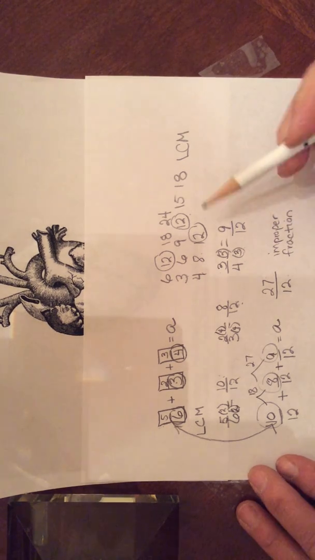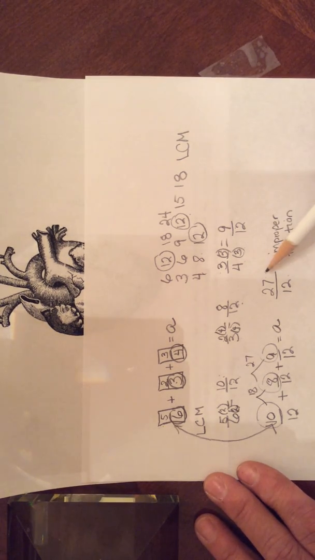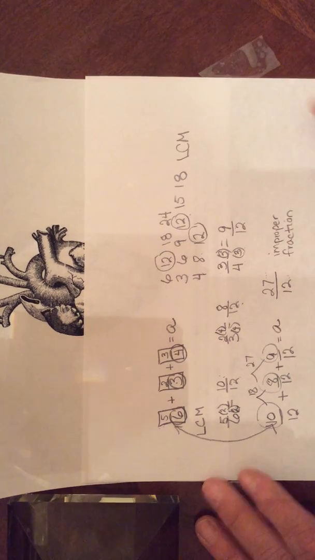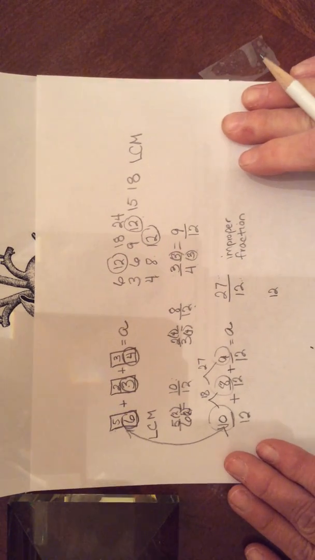An improper fraction means that the numerator is greater than the denominator, and that means that there are whole pieces that I can pull out of here. So I'm going to take 12, and I'm going to scoot this up a little bit more.